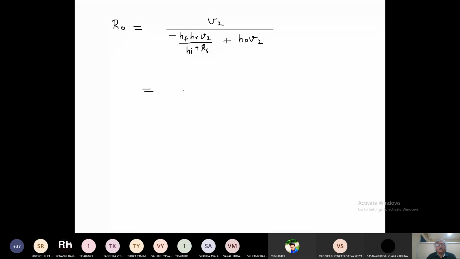So this will be equal to V2, and in the denominator I will write (HI plus RS) minus HF HR V2 plus H naught V2 multiplied with (HI plus RS). Simple mathematics we are doing here.